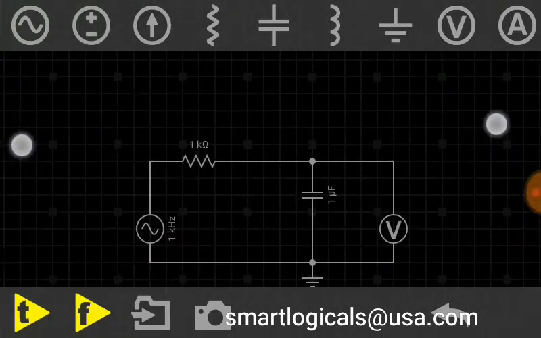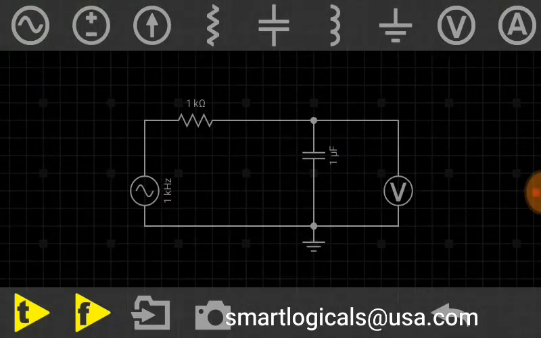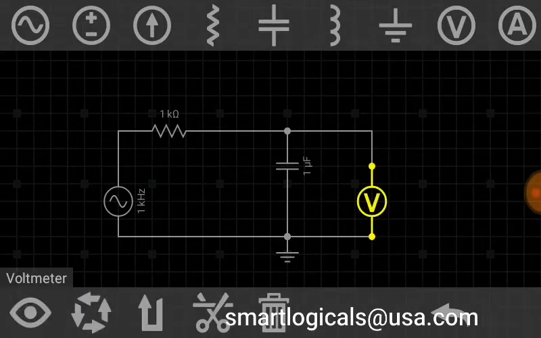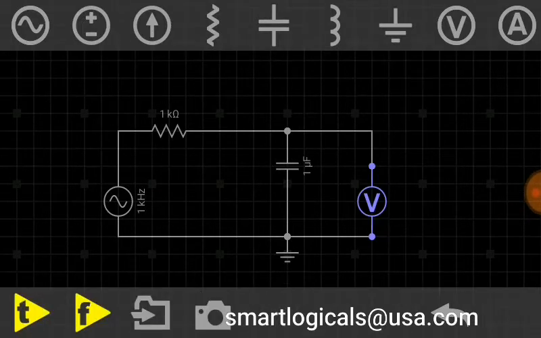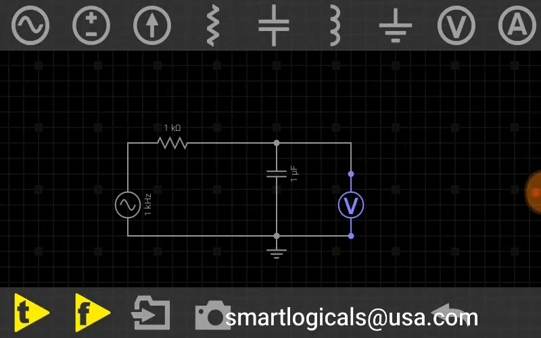For sinusoidal input we will discuss the output, and observe how it changes. Here the time constant of the circuit is RC, which is tau.